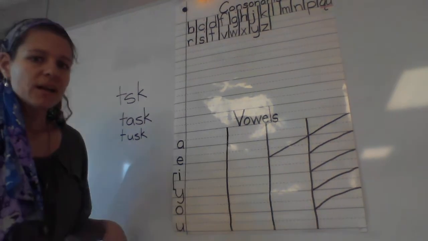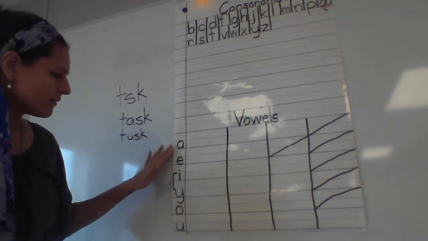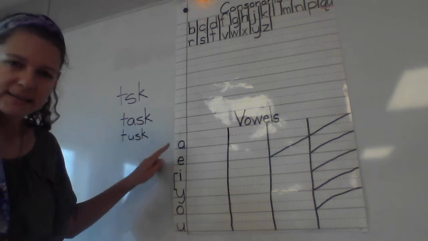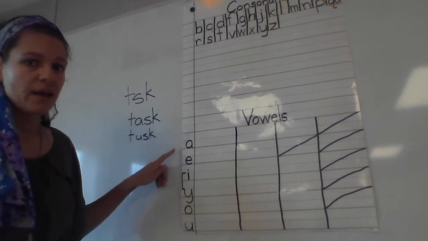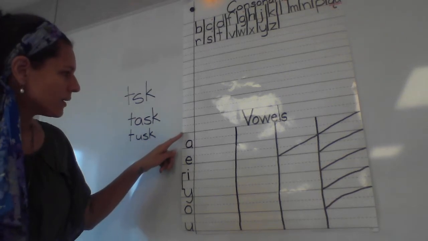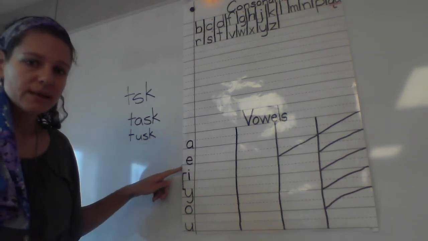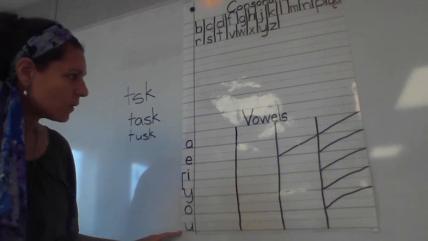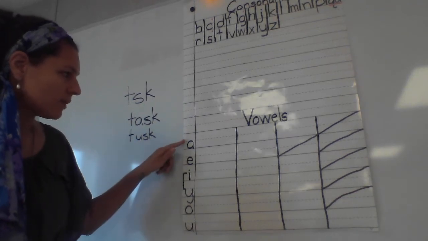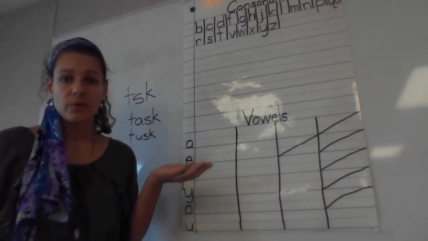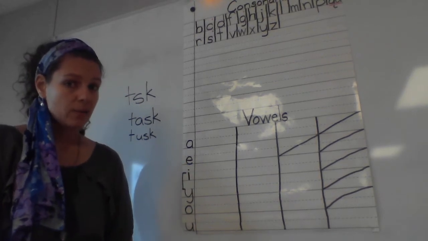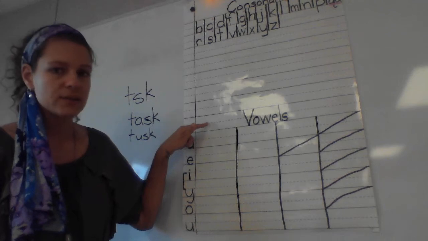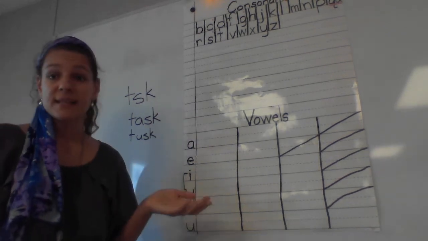Class, do any of our vowels make only 1 sound? No, they don't, do they? So with vowels, what we're working on the next few weeks is going to help us figure out, when we're reading, which sound our vowel is making. We know it usually makes its first sound, but sometimes it doesn't.